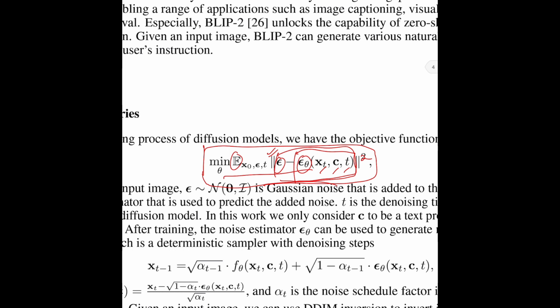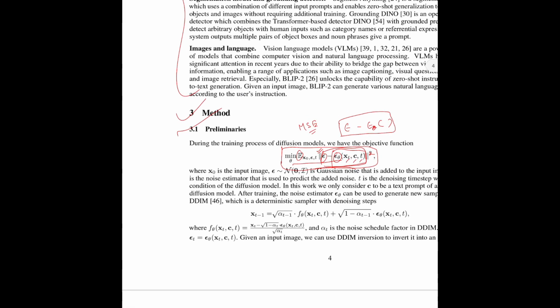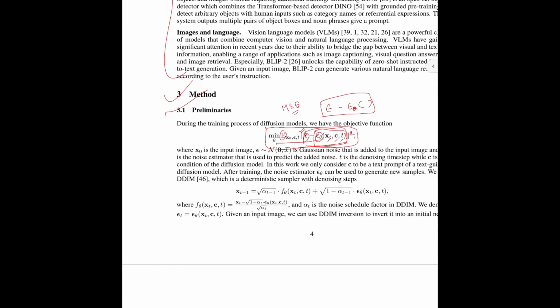So this is a common optimization problem. We have something epsilon, and we have something else, epsilon theta, a function, and we are trying to minimize the difference between the two. That is, we are trying to minimize the loss. It is somewhat similar to mean square error loss, and here they are trying to do the same thing. So you can go through this section and understand more about it.